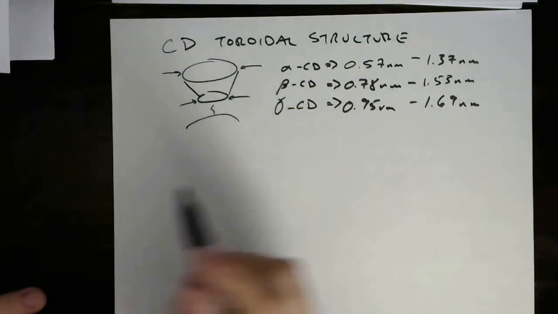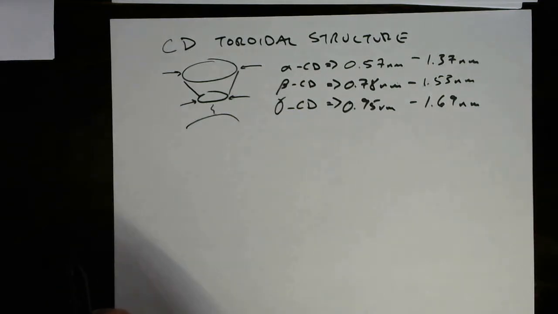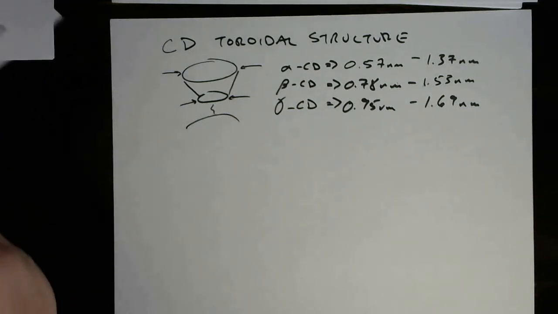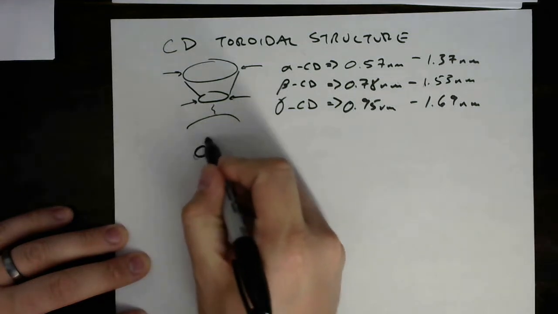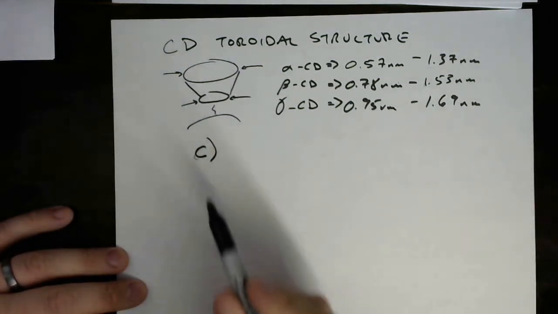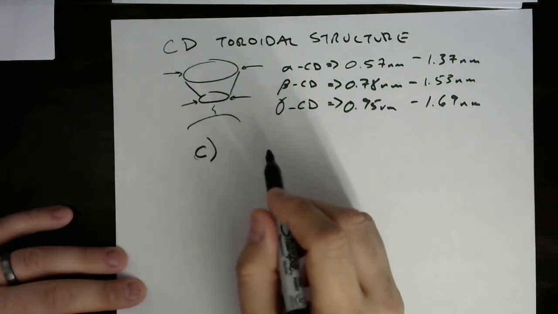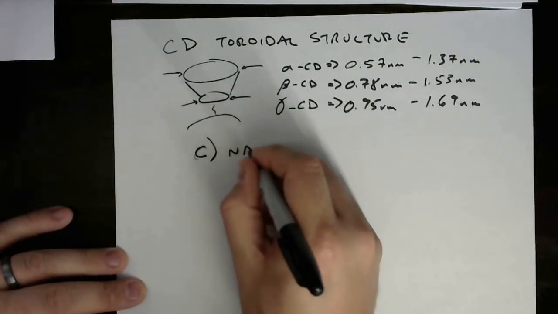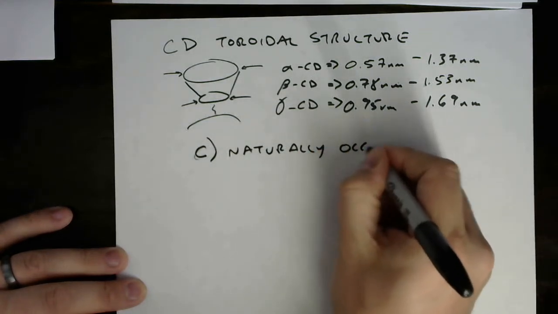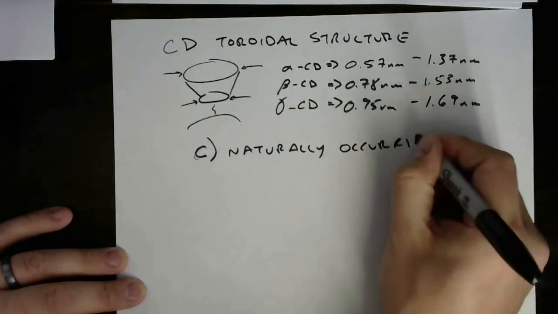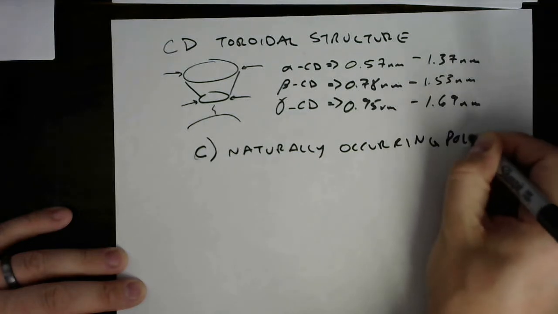Okay, so finally, we said there's 2, sort of 3 ways to do it, and that's because way number 3 to do a chiral stationary phase is really similar to this, and that is to use naturally occurring polymers.